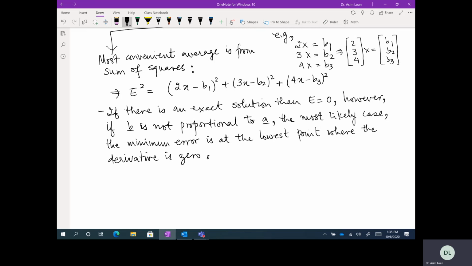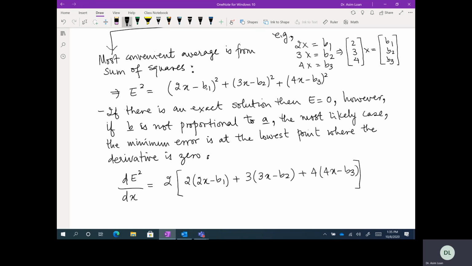Which means dE squared, I'm sorry, it's the first derivative, not the second one, dE squared over dx equals 2 times this one, this 2 in every case, so 2 times [2 into (2x minus b1) plus 3 into (3x minus b2) plus 4 into (4x minus b3)].